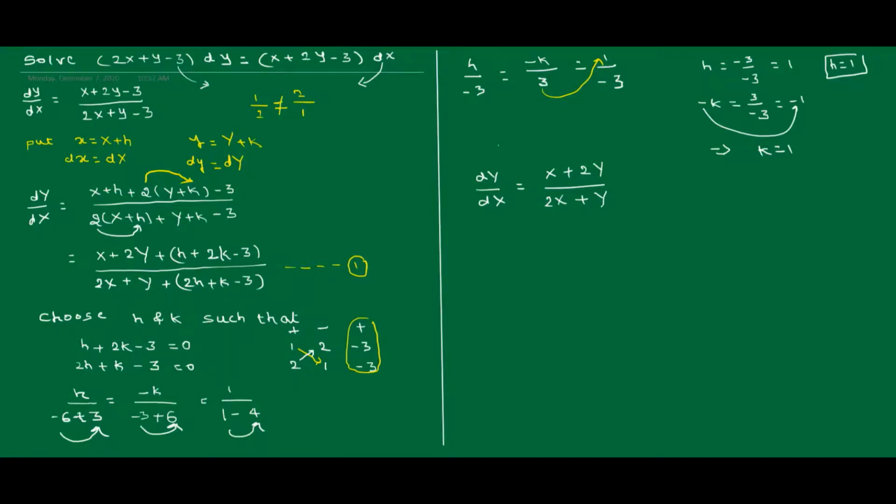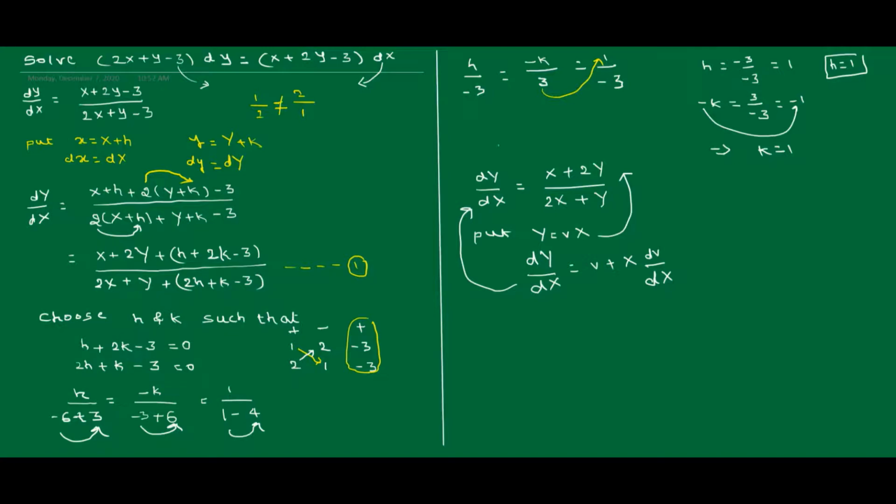So now we have to put capital Y is equal to V into capital X. Then what is dy by dx? dy divided by dx is equal to small v plus capital X into dv divided by dx. You have to substitute the value for dy by dx in the above equation, and y value also you have to substitute in the above equation.